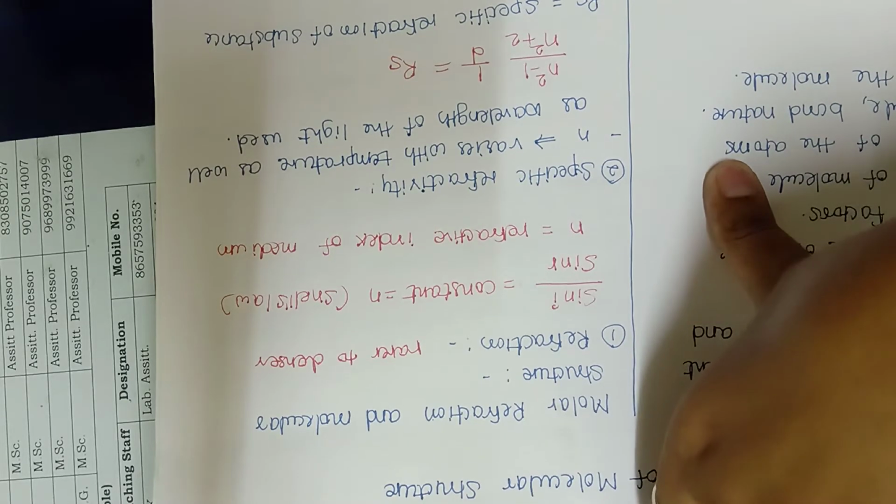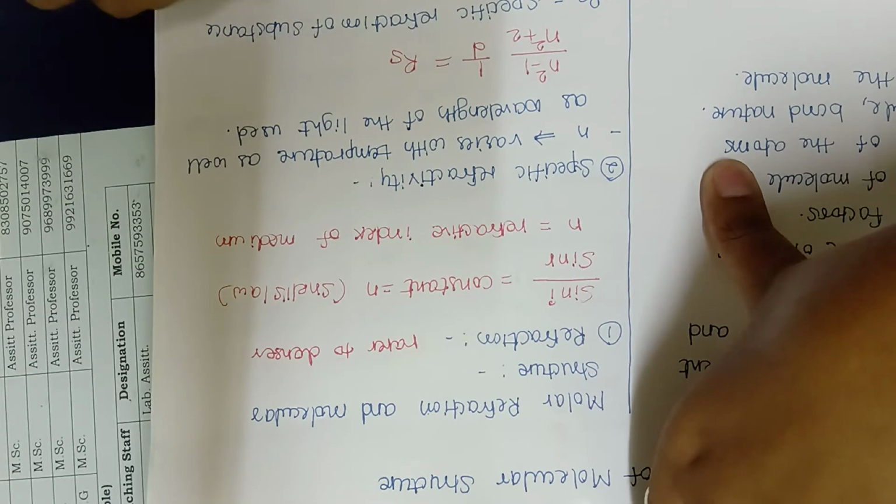Then the second method is specific refractivity. After finding this law, we have seen that n varies with temperature as well as the wavelength of the light used. So we have to eliminate this factor, and we find the specific refractivity.